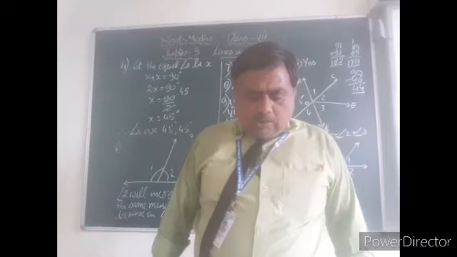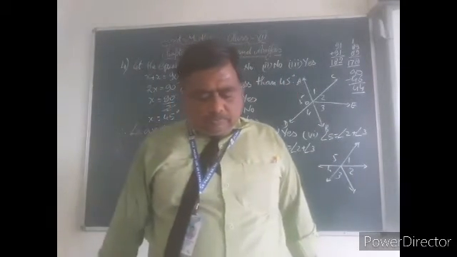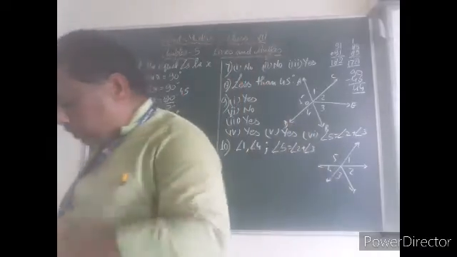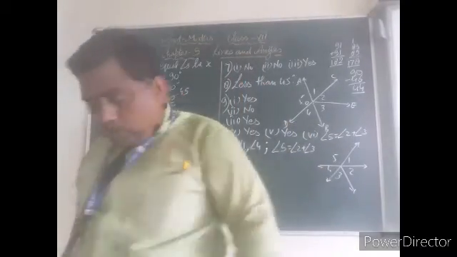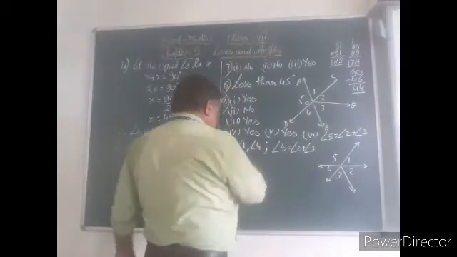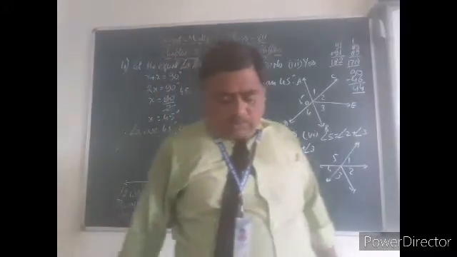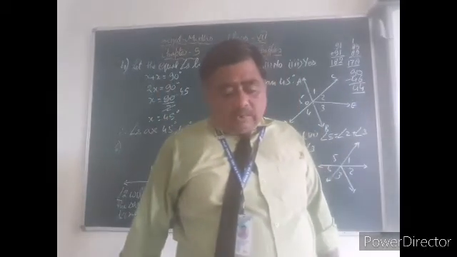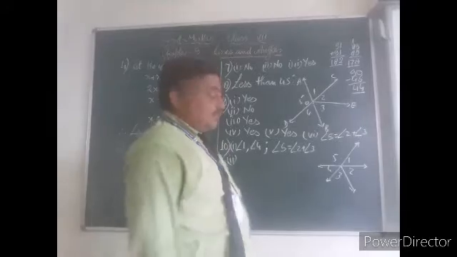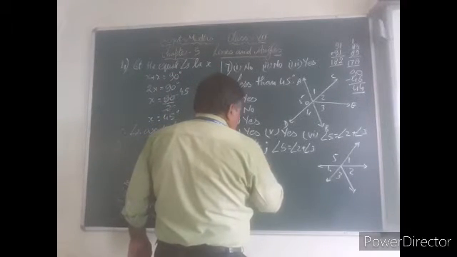So linear pairs are those whose sum is 180 degree. Angle 1 and angle 5, angle 1 plus angle 5 is equal to 180. So angle 1, angle 5.